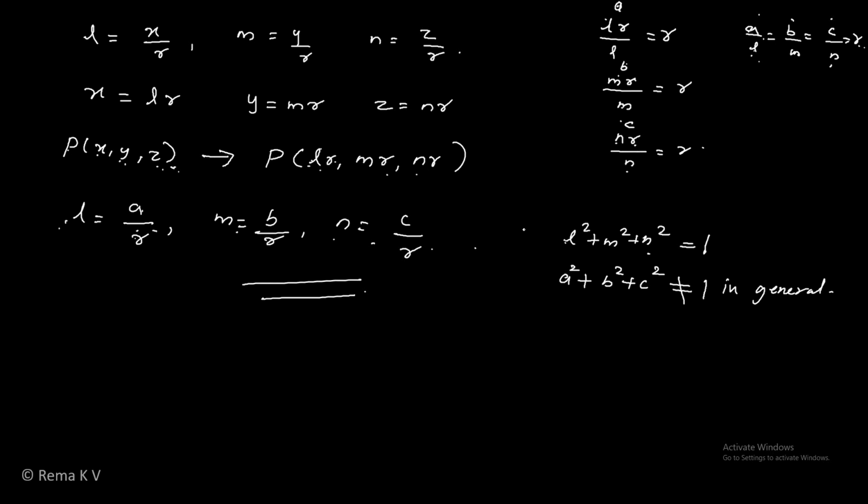Okay. Now let us move to the next one. Types of vectors. First one is a zero vector.